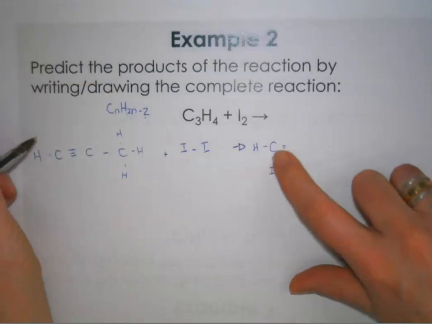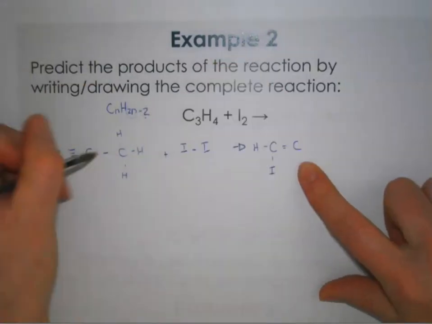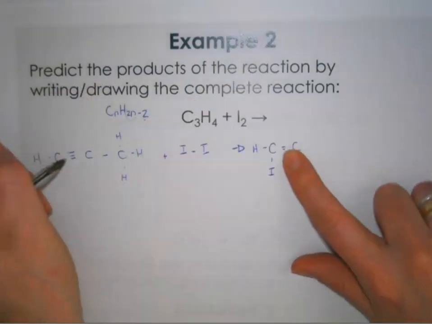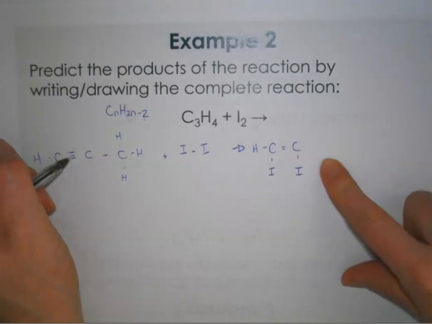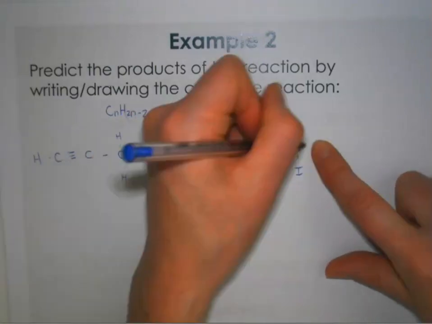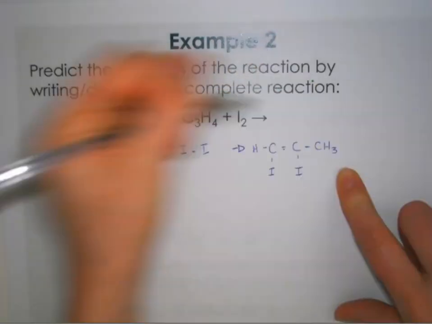So now this carbon has 1, 2, 3, 4 bonds. The other carbon is going to have also an iodine attached onto it because it also broke that third bond. And then this carbon's going to have 1, 2, 3, and then the 4th bond will go to this last carbon, which is CH3.